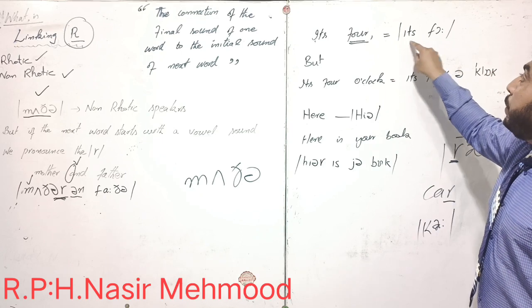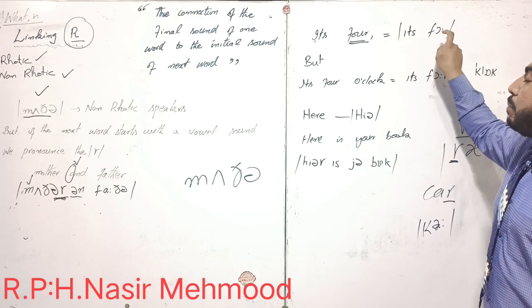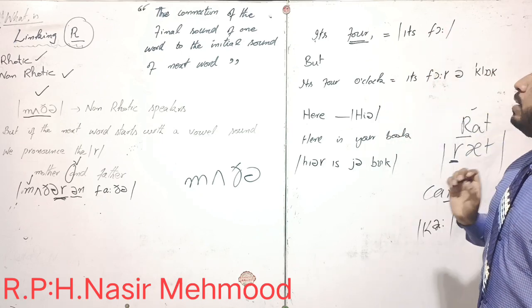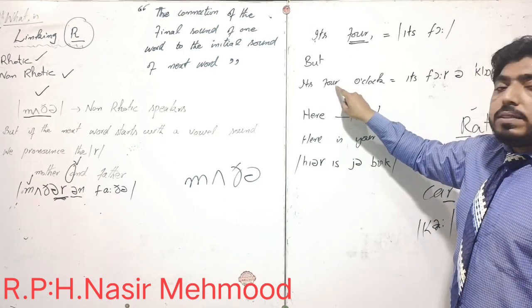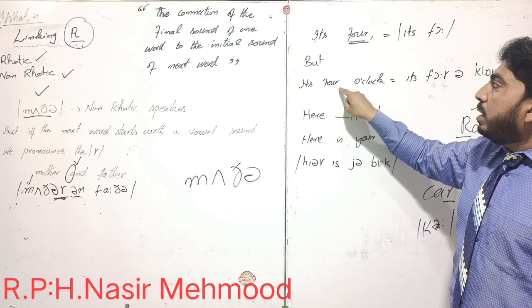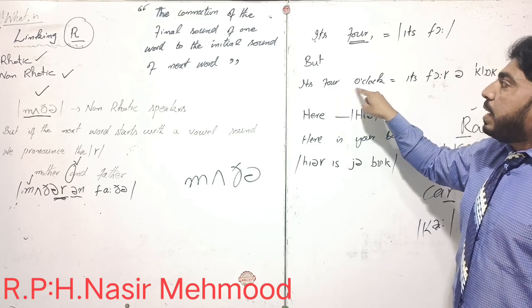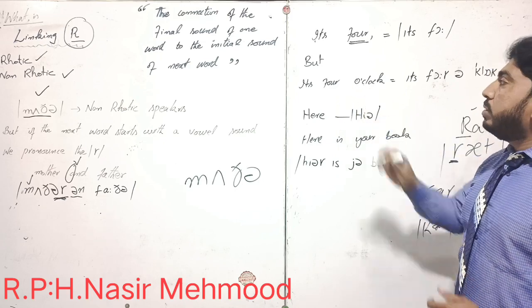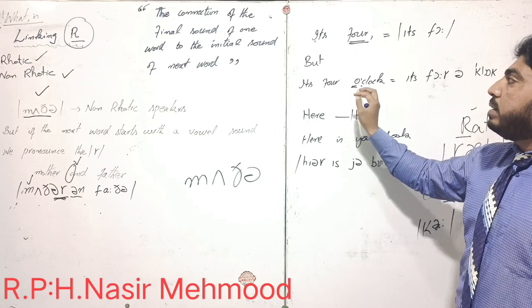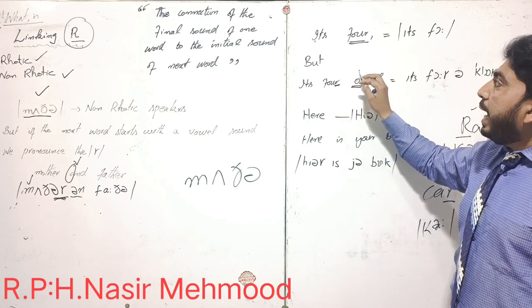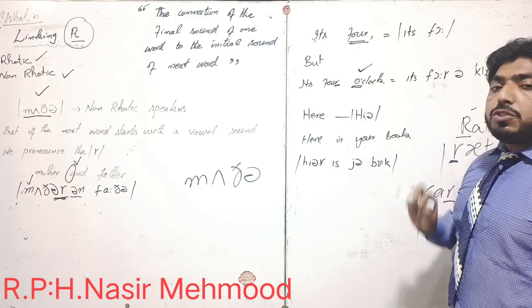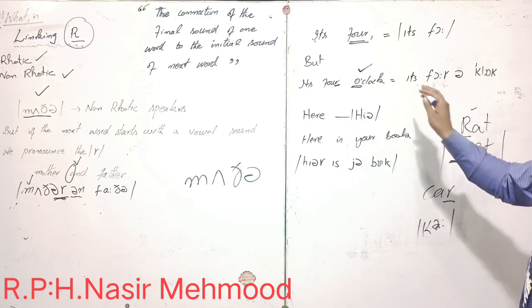But when we use this word in connected speech, for example, four o'clock, now this R is for R, and the next word starts with a vowel sound. This is the vowel sound, and this is R, and when the next word starts with a vowel sound, of course we will link it.